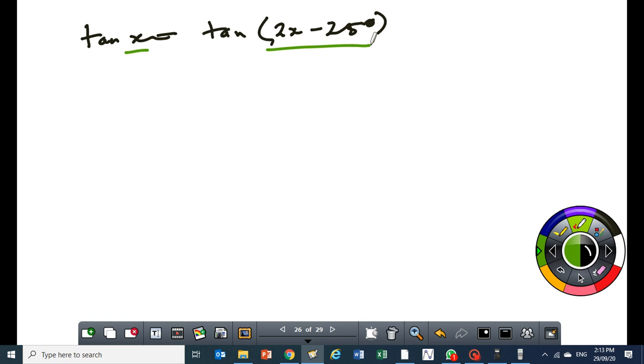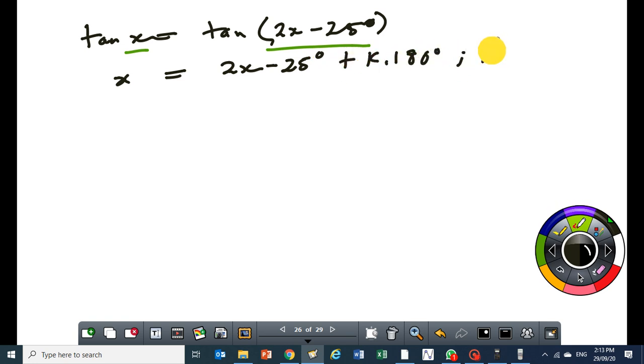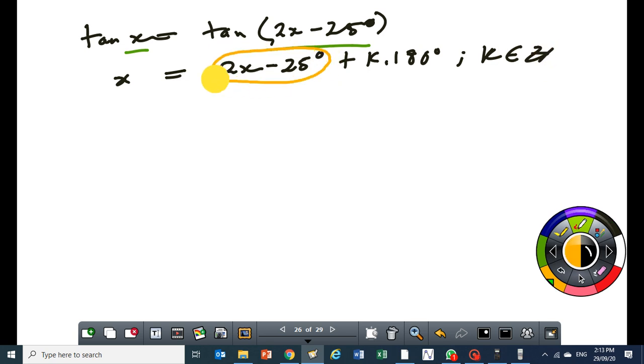So their angles are equated. Your next step will be to drop the tan. You also drop the tan there. You have 2x minus 25 degrees. Then you bring in the k times 180 for the general solution, where k is an element of z. So this will behave like your reference angle.